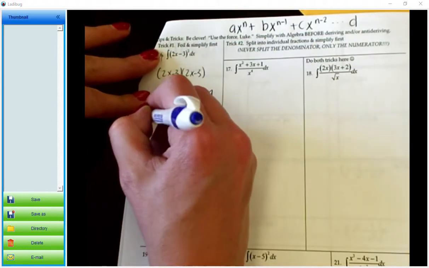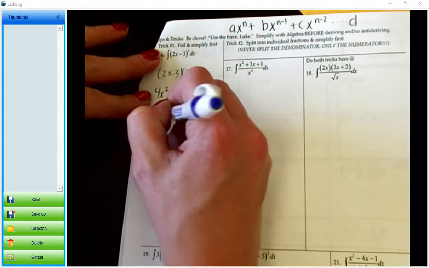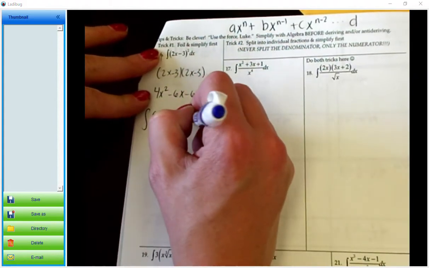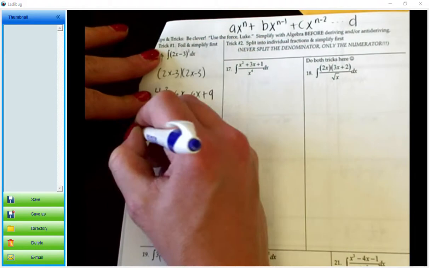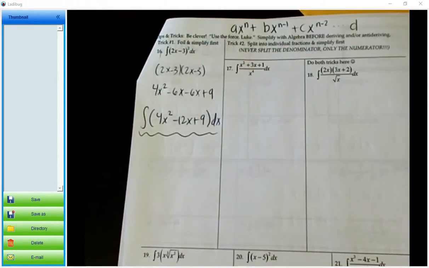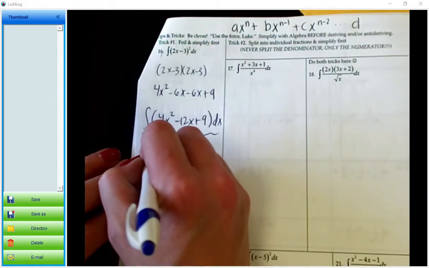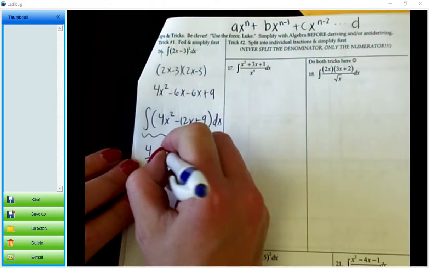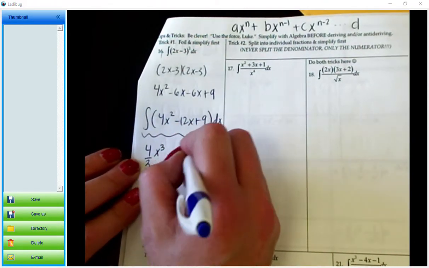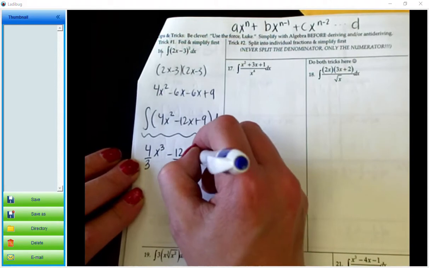Okay, so integral 4x squared minus 12x plus 9. Right, all I did is rewrite it into power format. Now I can do the antiderivative. Add the degree and divide.